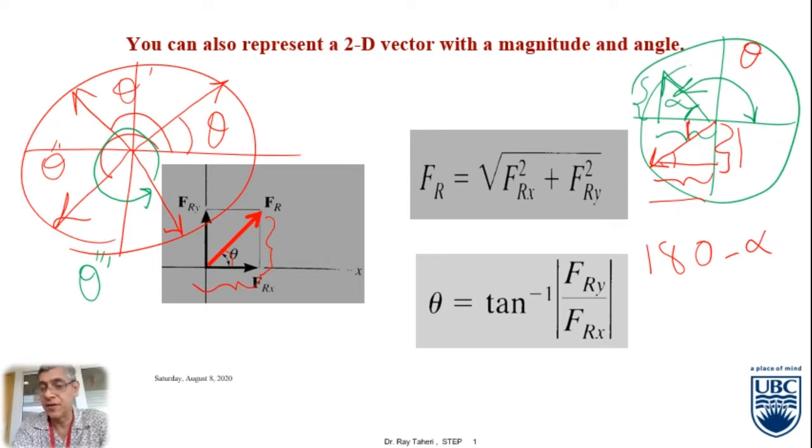So in this case, if I calculate this value as alpha, and I want to calculate the actual angle from the positive x, it should be this angle, correct? So therefore, it's 180 plus alpha. So you get the whole thing because we calculated this alpha, which is this length divided by this length.